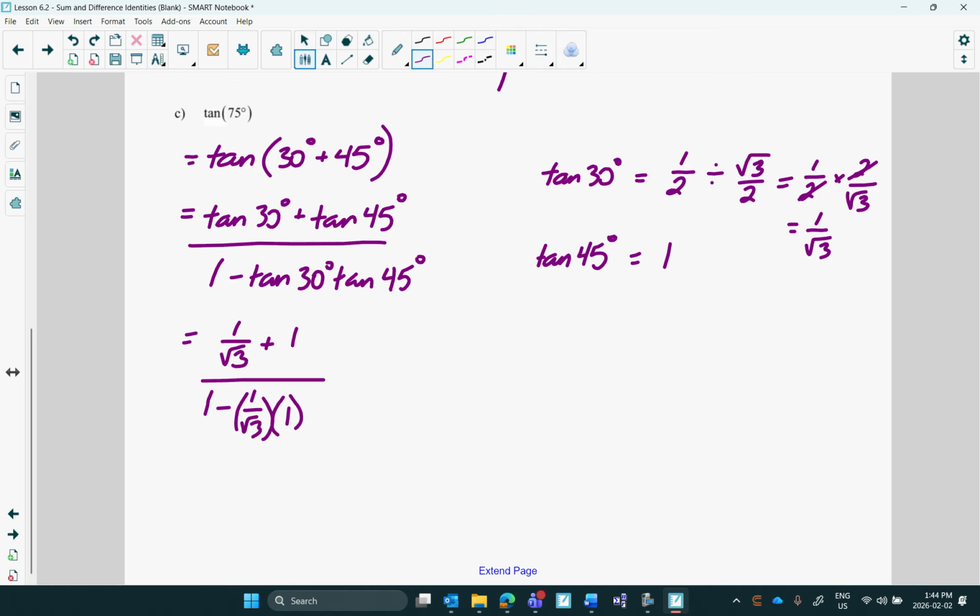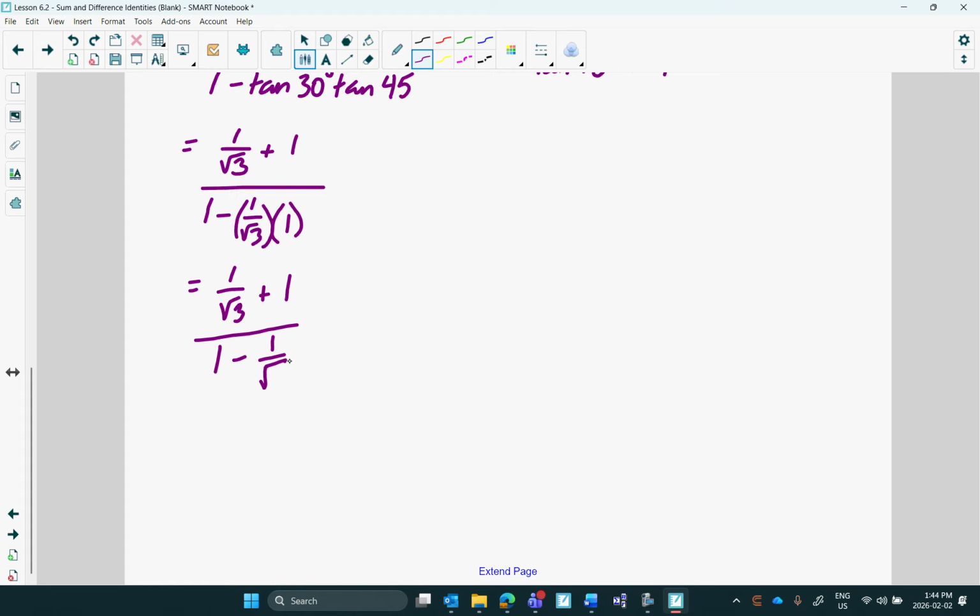Obviously, 1 over root 3 times 1, so I get that. That would be full marks minus a communication error of a half mark, because you haven't simplified it yet.